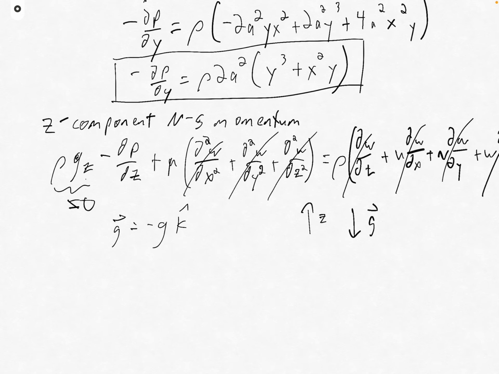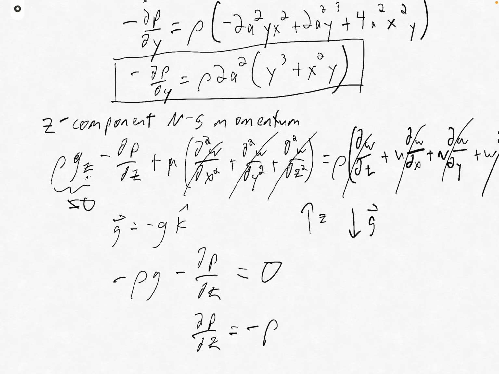And so the z component of gravitational acceleration is negative g. And so we have negative rho times g minus dp dz is equal to 0, because everything else canceled out. Or dp dz is equal to minus rho g.